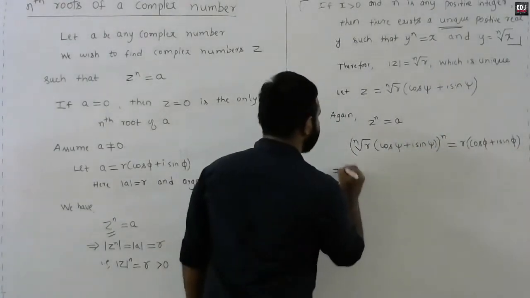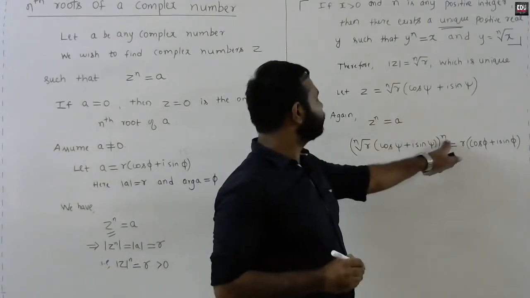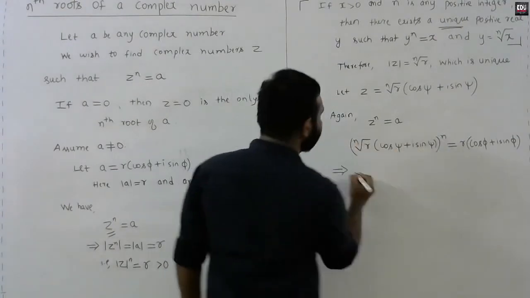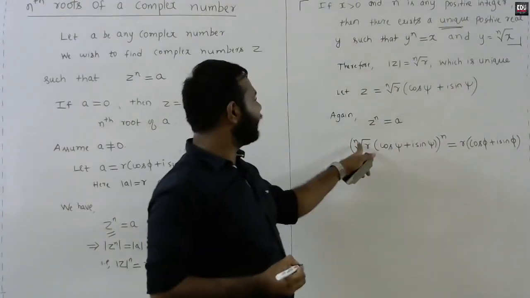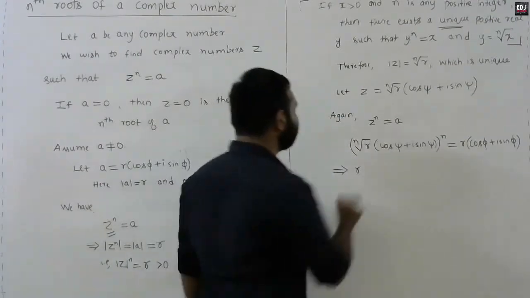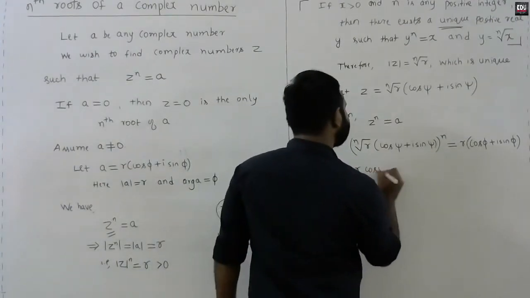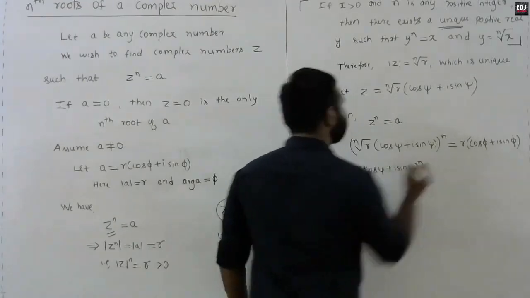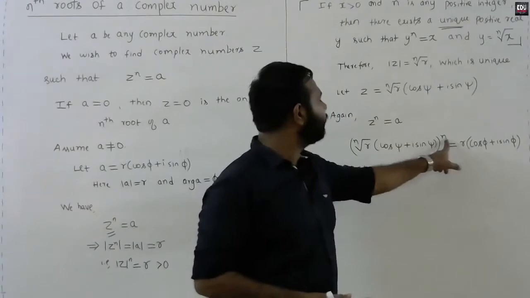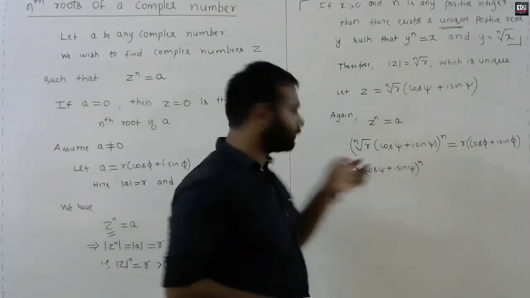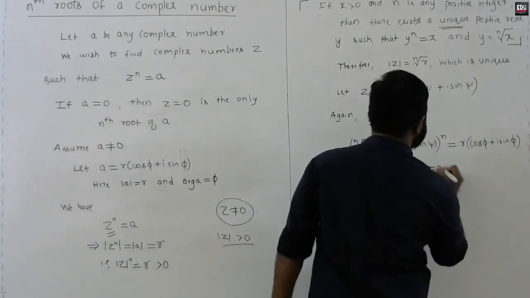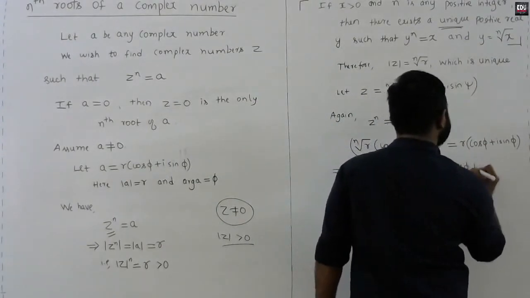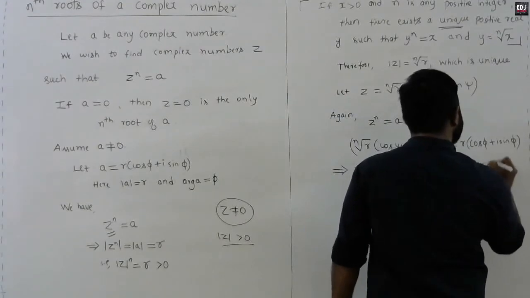Now this implies, so split the nth power: the nth root of R whole power N will be just R, because the nth root and nth power get cancelled, into cos psi plus I sin psi whole power N. So we have just split the nth power for these two terms. So this equals R into cos phi plus I sin phi.